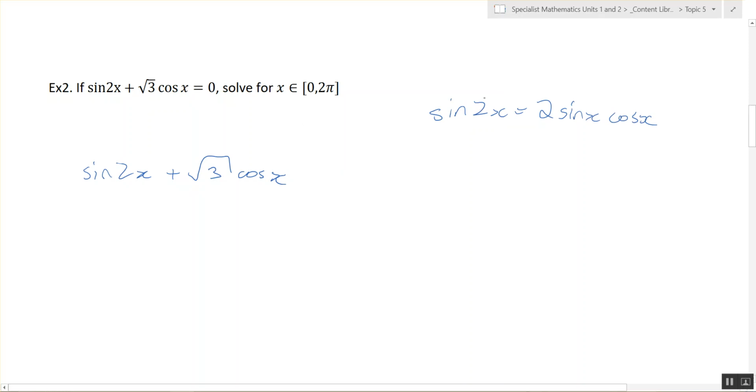So we can sub this into here. 2 sine x cos x plus square root 3 cos x equals 0. Alright, so let's factorize now.